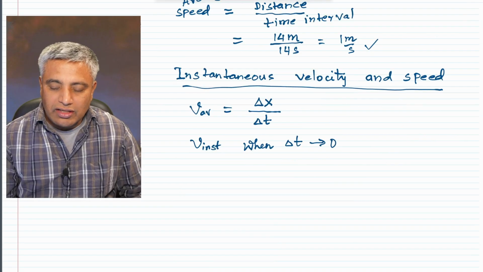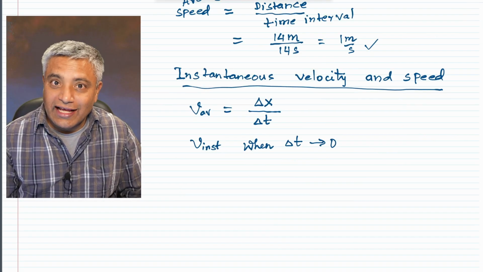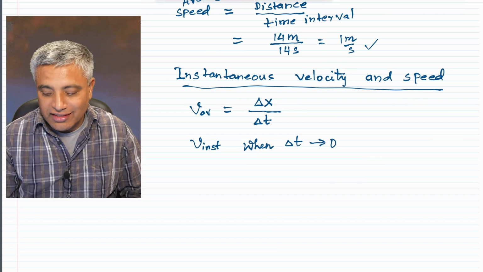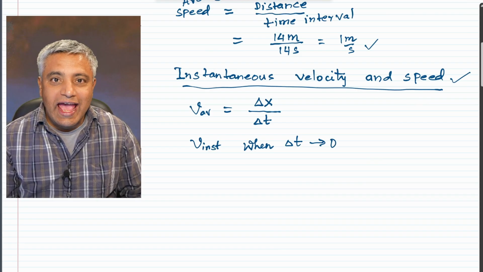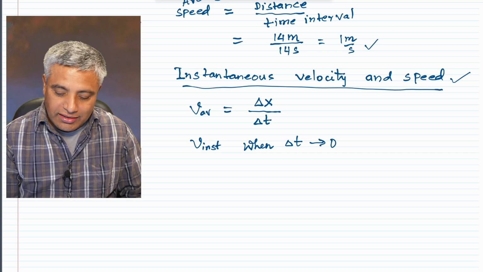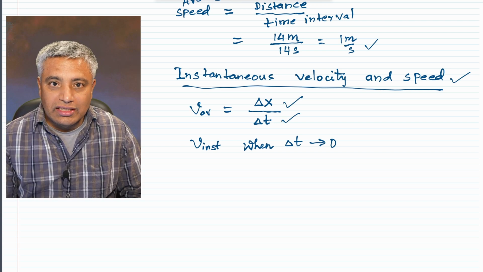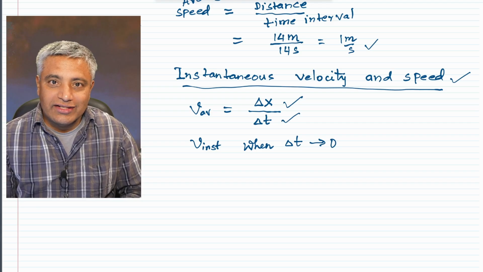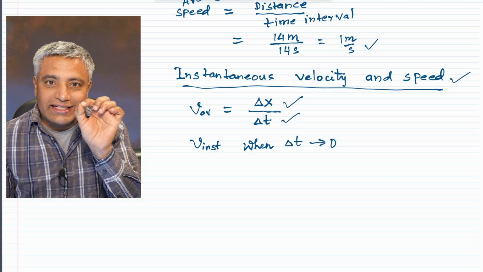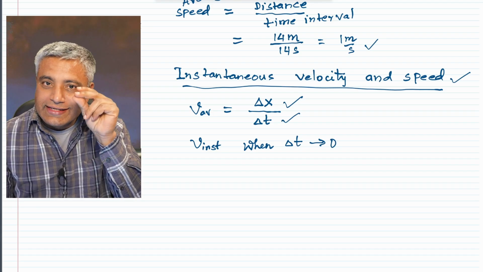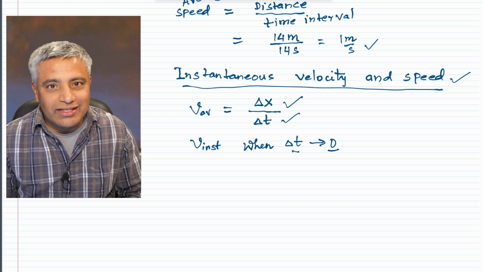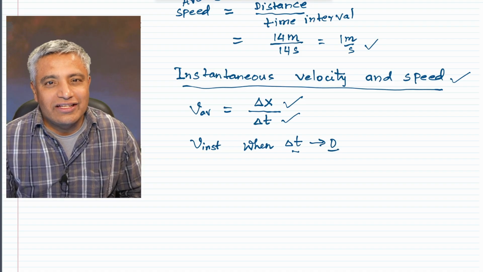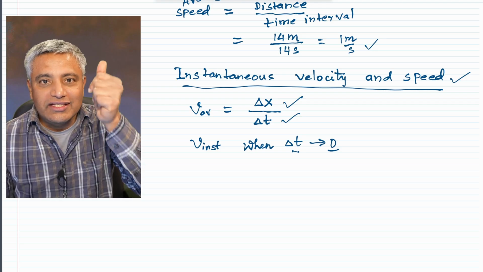Now let's talk about instantaneous velocity and instantaneous speed. So we learned that the average velocity is displacement divided by time interval. But if we look at the velocity at a very small time interval, or not even an interval, when the interval goes almost to zero, meaning it becomes very, very small, that's the instant.